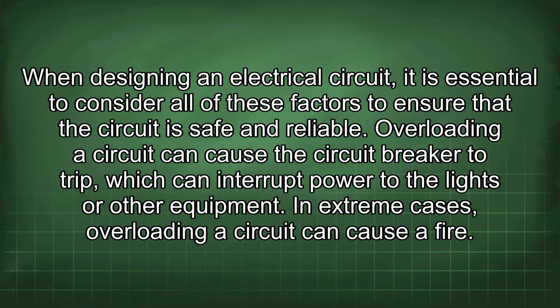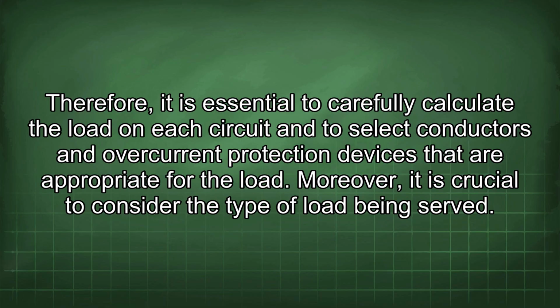Overloading a circuit can cause a circuit breaker to trip, which can interrupt power to the lights or other equipment. In extreme cases, overloading a circuit can cause a fire. Therefore, it is essential to carefully calculate the load on each circuit and to select conductors and overcurrent protection devices that are appropriate for the load.